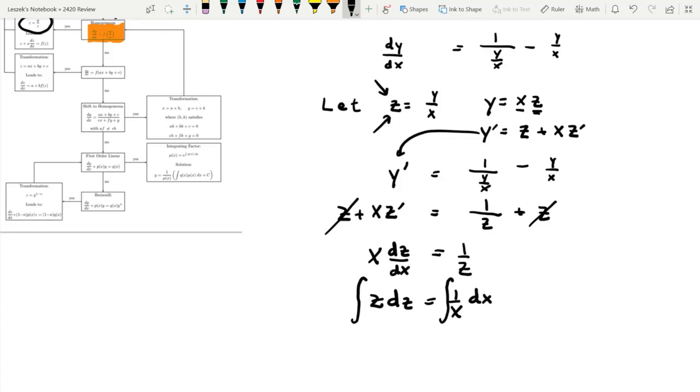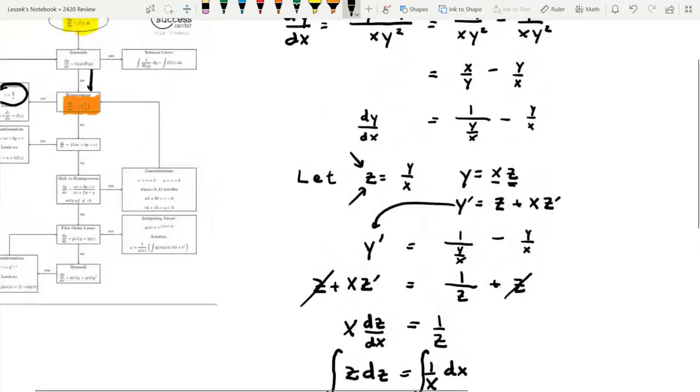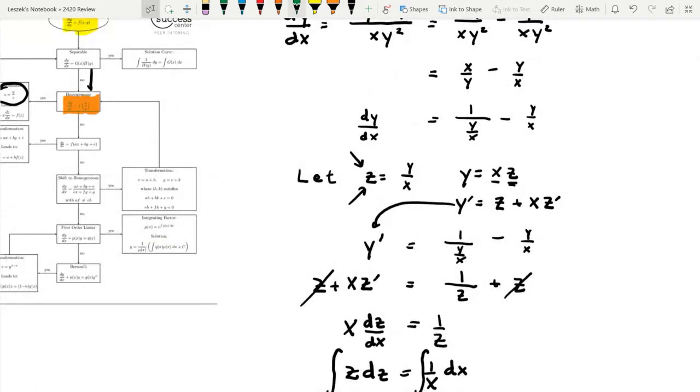How does y over x become z? Oh, right. That's the whole point of a homogeneous differential equation. We were able to write y prime is equal to, and on the right-hand side, we were able to express everything as a function of y over x.